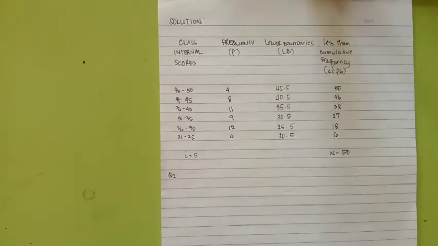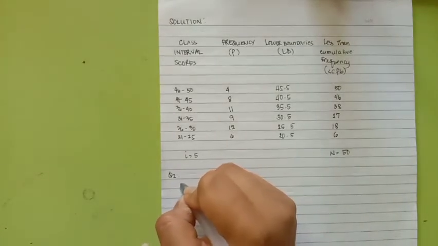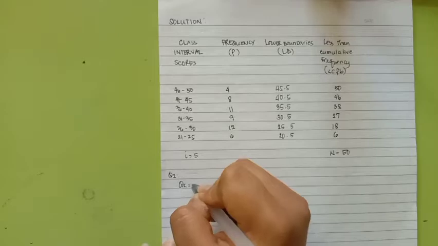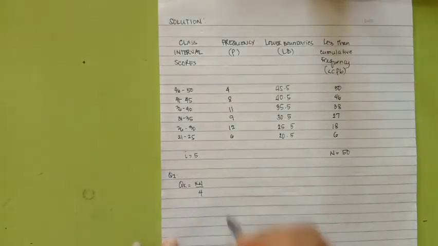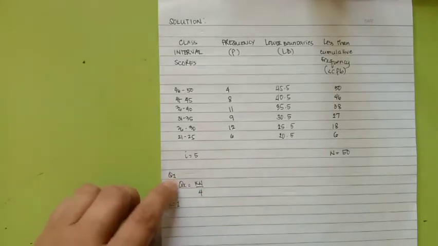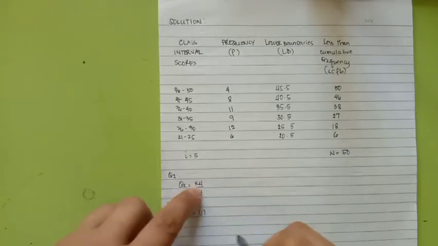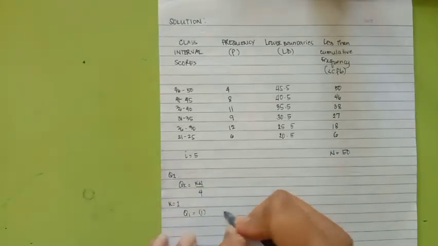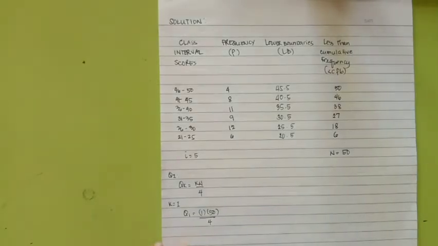Para makuha natin yung class interval, we need to use the formula Qk is equal to kN over 4. Ang k natin dito is 1, kasi quartile 1 ang kukunin natin. So, Q1 is equal to 1 times N. Ano yung N natin? N is equal to 50 over 4.